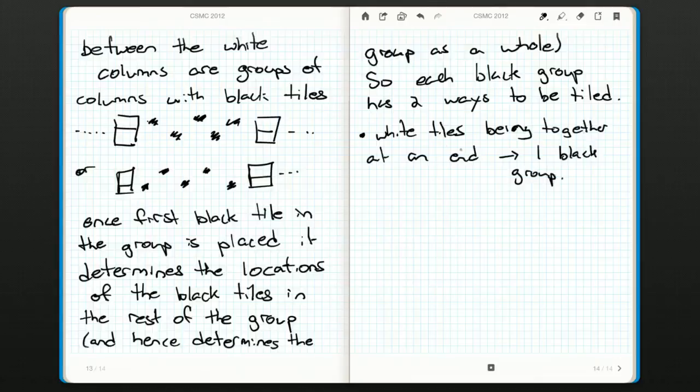So overall, we had white tiles being together at an end. There were two ways to do that. And there's one black group, so two ways to put the white tiles there and two ways to tile the black group. Gives us a total of 4 ways.